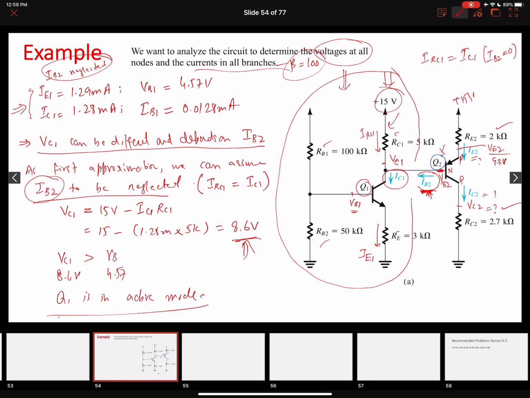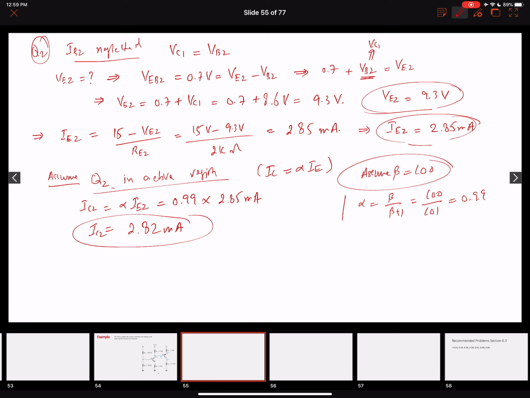The next value that we need to find is VC2. VC2 is simple: IC2 multiplied by RC2. So our VC2 is IC2 into RC2. Our IC2 is 2.82 milliamperes.